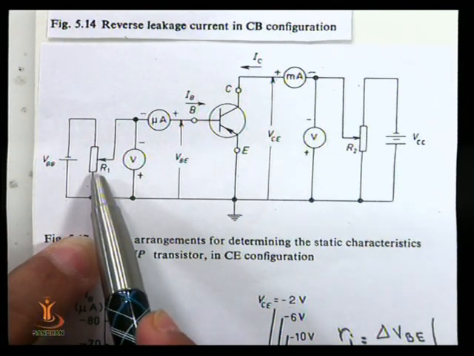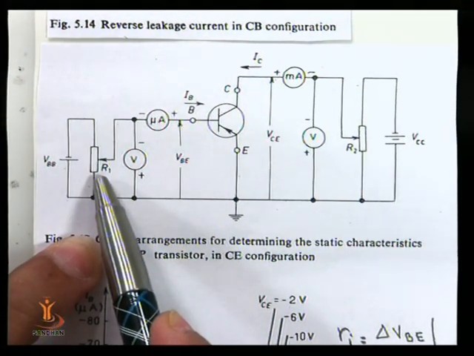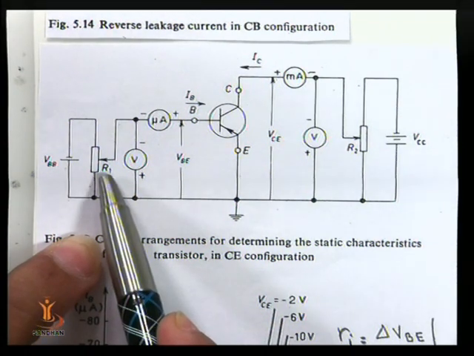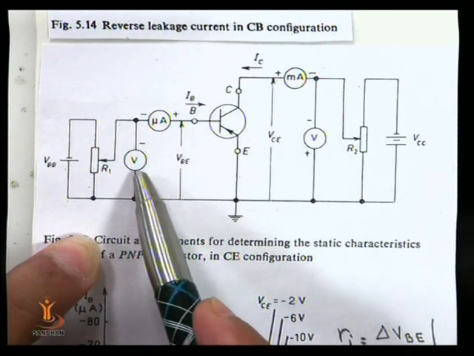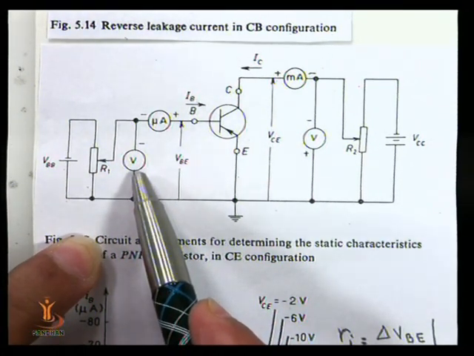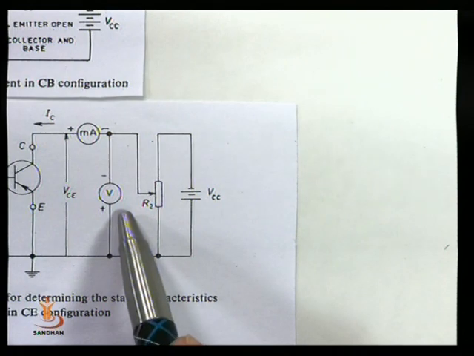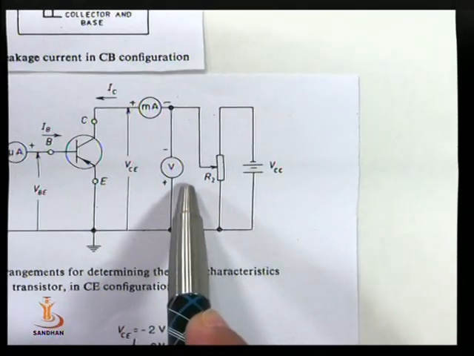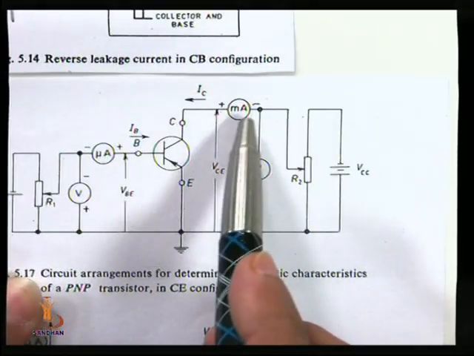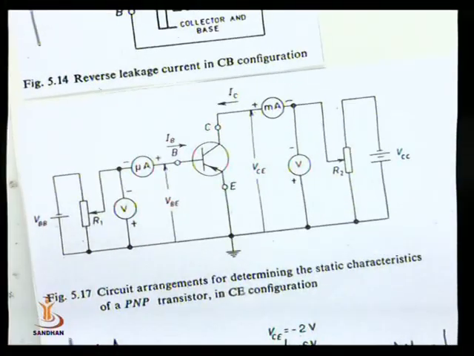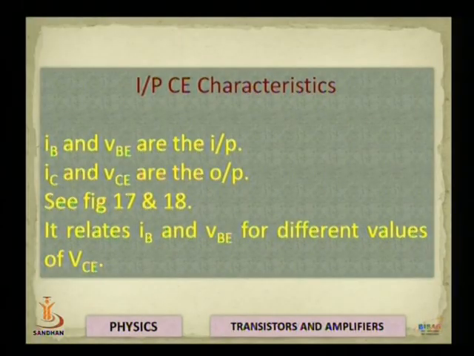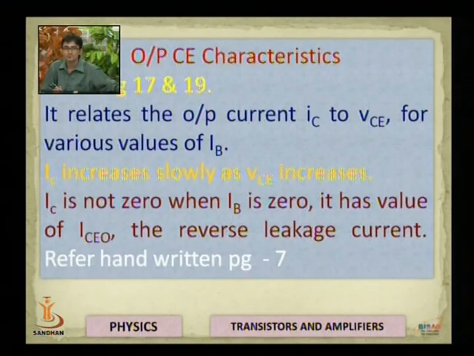Again, the potential at the base can be changed with the value of R1 or the potentiometer, and the amount of current is very less, in the microampere range. Voltage developed can be measured with the help of a voltmeter. The potential developed across the collector side is measured with a voltmeter, and the current developed is in the milliampere range and is measured with the help of a milliammeter. Here IB and VB are the input, IC and VC are the output, as I have shown in the figure. It relates IB and VB for different values of VC.